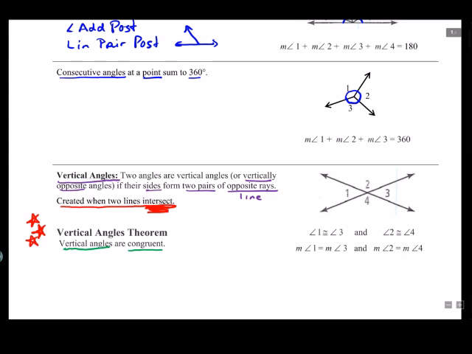So let's look at our vertical angles here. We have our two lines intersecting, and angle 2 and angle 4 are vertically opposite. That's where the vertically opposite is going to help you remember this. Angle 2 and angle 4 are congruent.